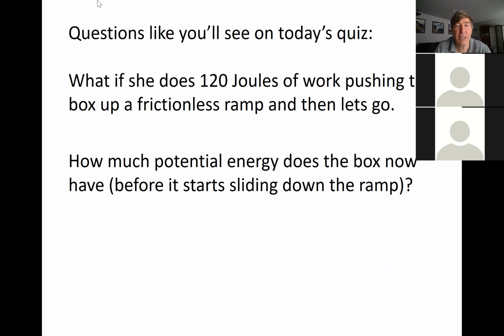Just a couple more questions. Let's say that the girl now does 120 joules of work, but this time she's not pushing it across the level floor. She's pushing it up a ramp. Let's keep things easy and say it's a frictionless ramp. So she did 120 joules worth of work to push it up that ramp.